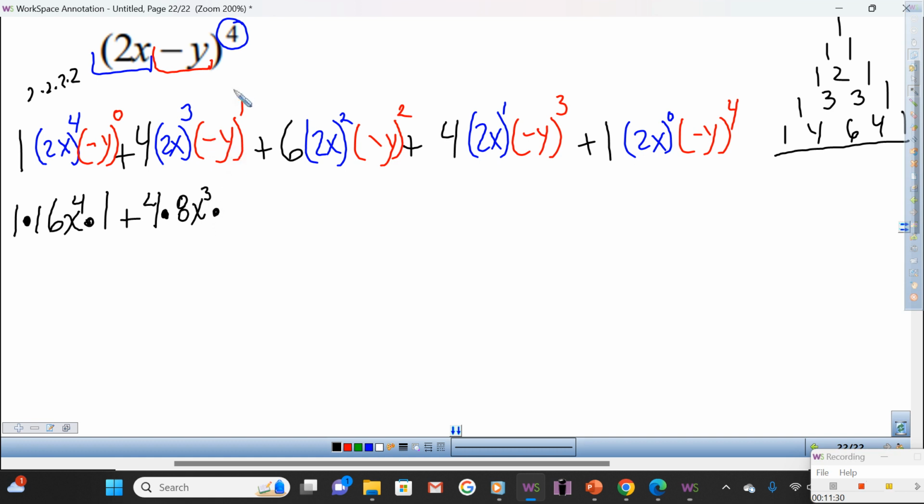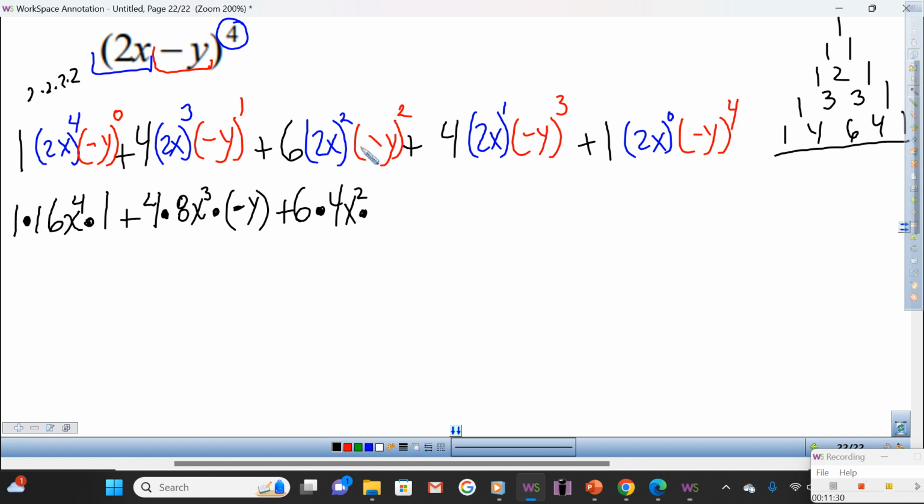What is negative y to the 1st power? Negative y. I'll leave it in the parentheses because it's a negative. Plus. Bring down the 6. Times. What is 2x to the 2nd, Anthony E? Yes, 4x squared. Very good.